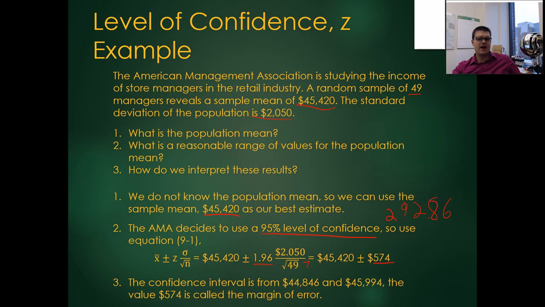Okay, I have a 95% level of confidence that the population mean is $45,420 plus or minus $574. Or I have a 95% confidence that the actual population mean is between 44,846 and 45,994. So that is level of confidence with the Z-score, and yeah, that's the end of this lecture.